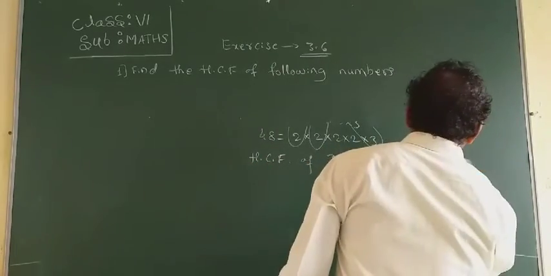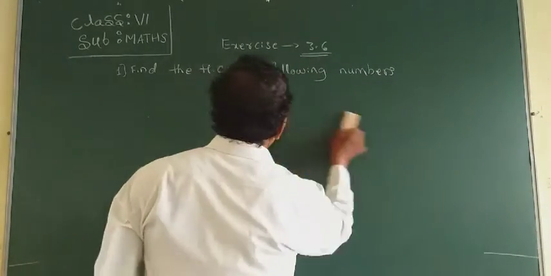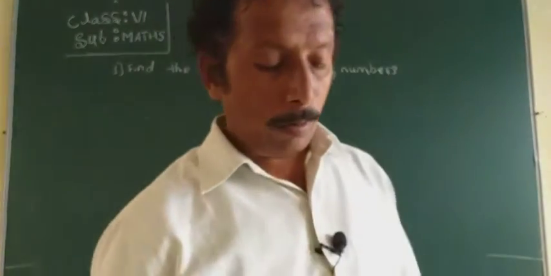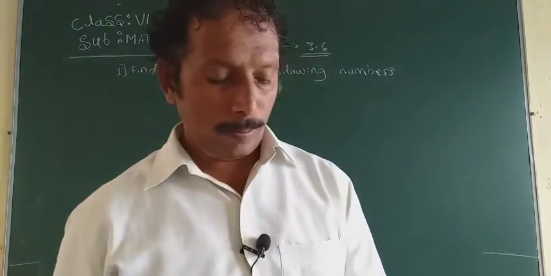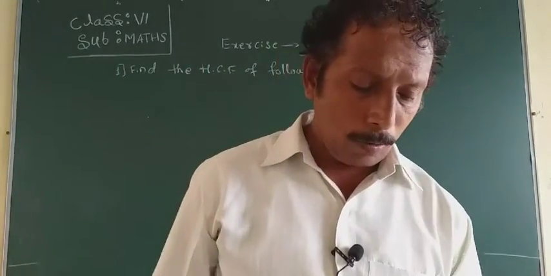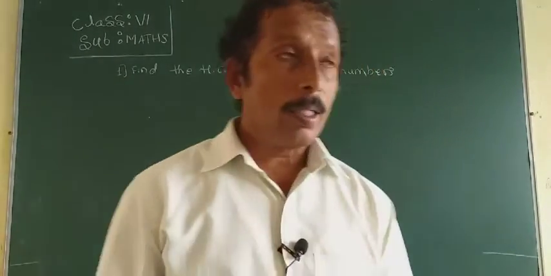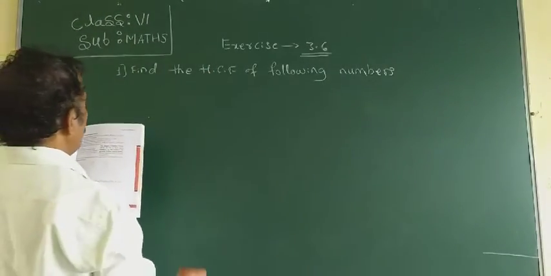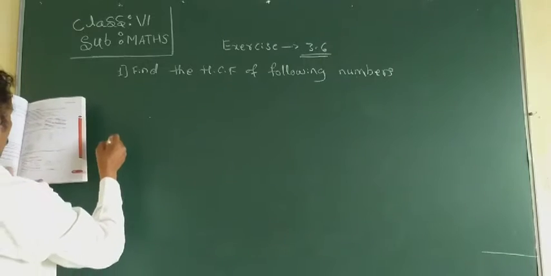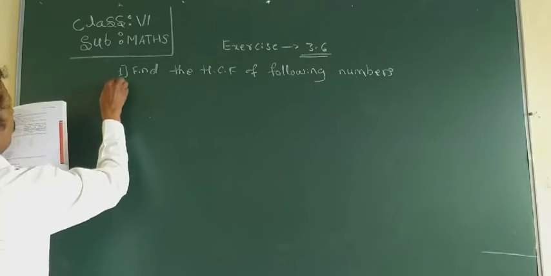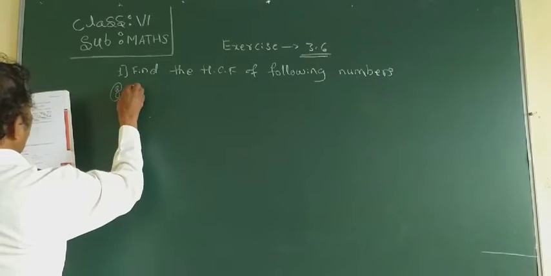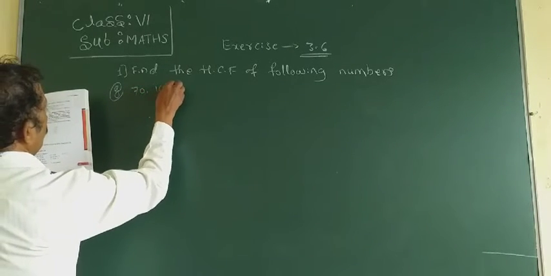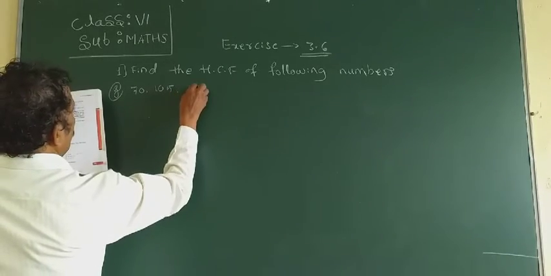Now you have solved 5 questions. In each question we are given two numbers. Now let us come to find the HCF of 3 numbers. In the same exercise, in the first main question number G, 70, 105, next number 175.